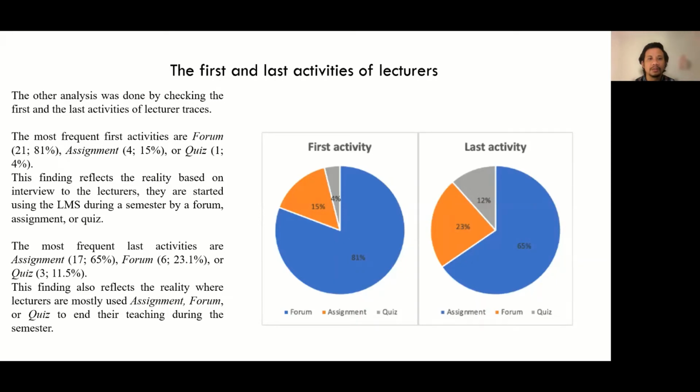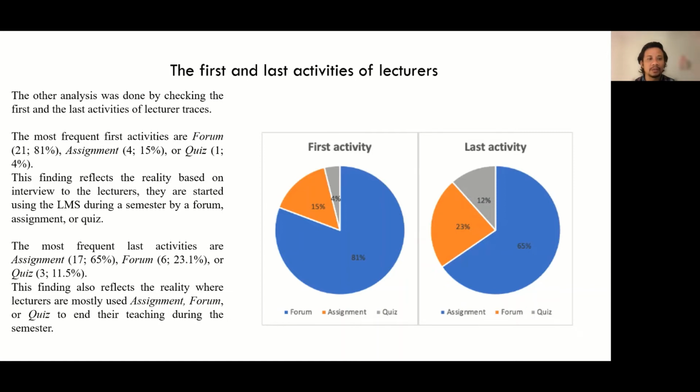The other analysis of the lecture data log was done by checking the first and the last activity of lecturer traces. The most frequent first activities are forum, assignment, or quiz. This finding reflects the reality based on interviews with the lecturers.